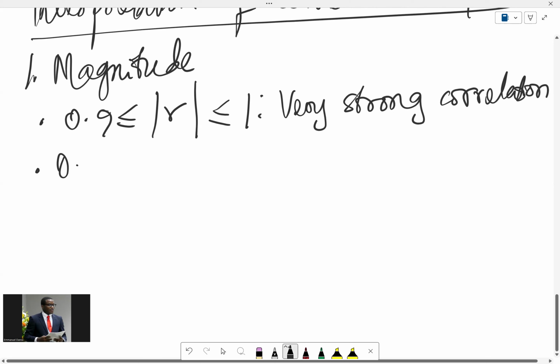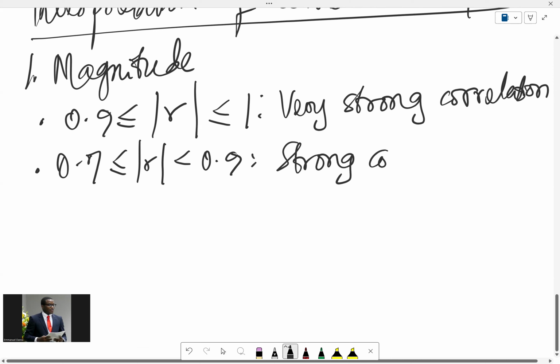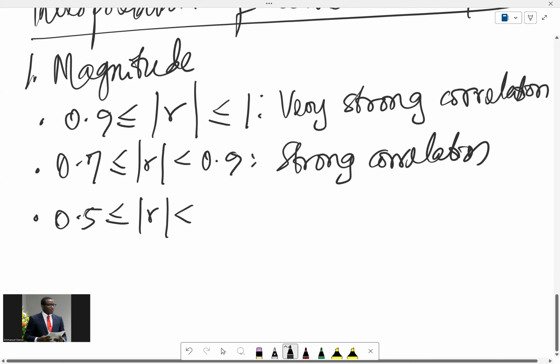Then you have 0.7 less than or equal to the absolute value of R, less than 0.9. In that case, we have what we call strong correlation. Then we have 0.5 less than or equal to the absolute value of R, less than 0.7. Here you're talking about moderate correlation.